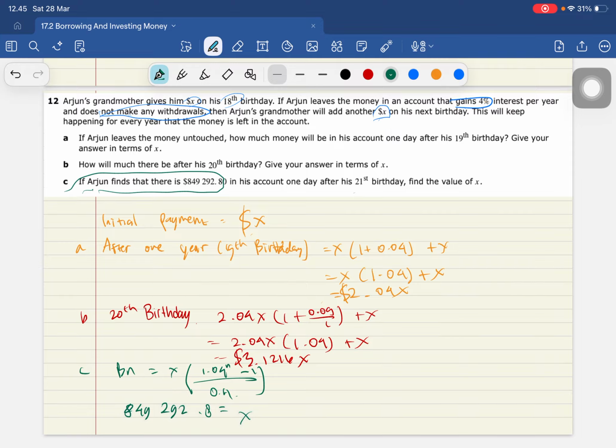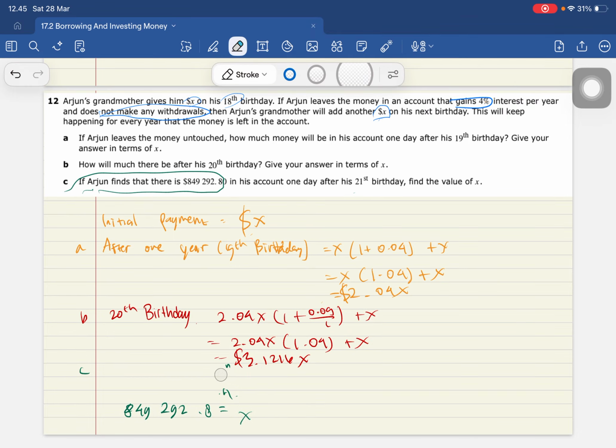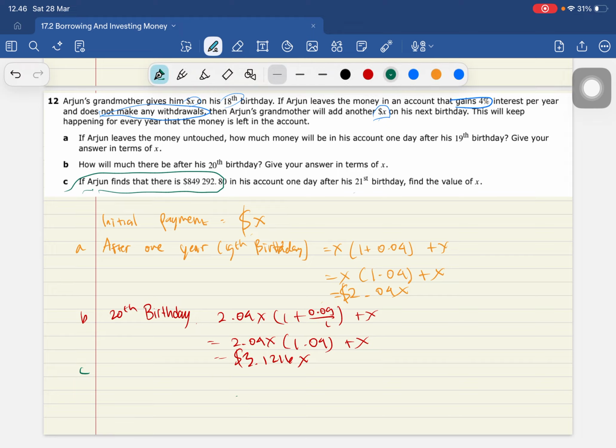But before we start, we need to find the amount for the 21st birthday.